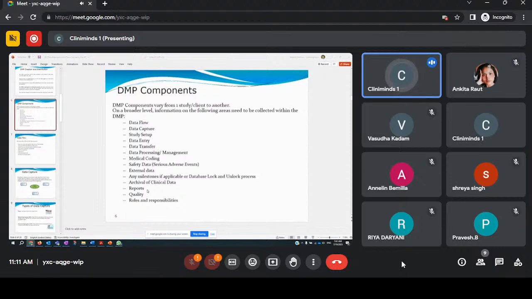Then quality, of course, right? Yesterday we saw how much importance quality has in overall clinical research, right? Quality is really the backbone for standardization of data. So what type of quality system is implemented, like how and what percentage of QC will be done, right? For example, if someone is working in discrepancy management, who will be performing the QC, the quality control check, right?